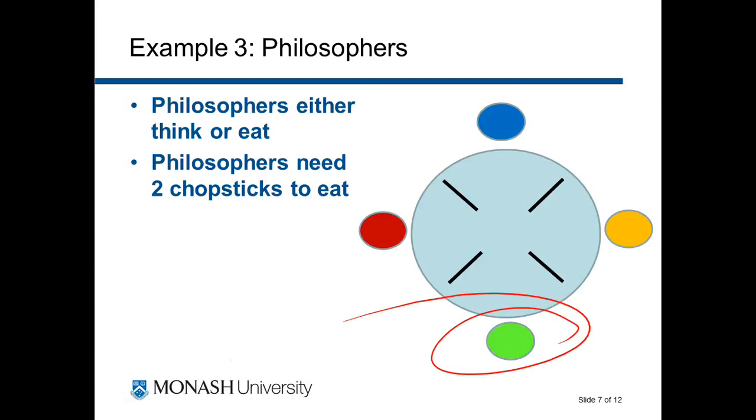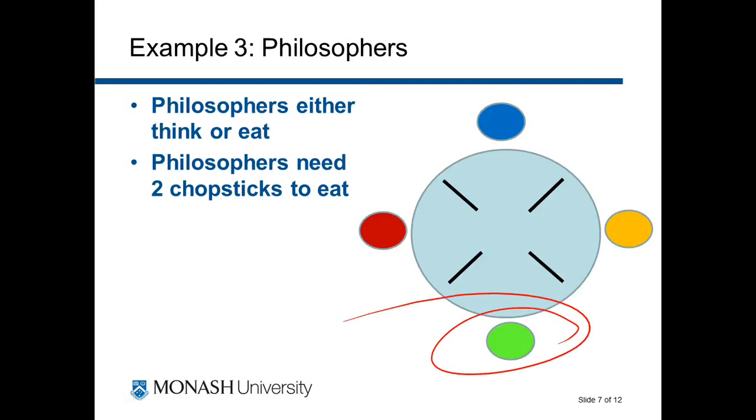This guy is Yoda. So Yoda is important, right? So Yoda always goes first, right? So we let Yoda pick up his two chopsticks and eat. And then we see what happens.